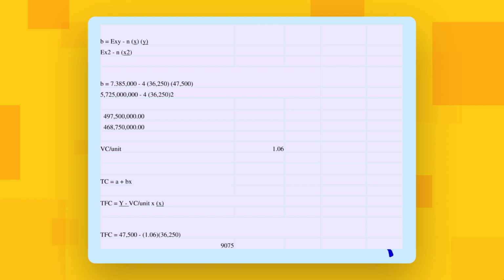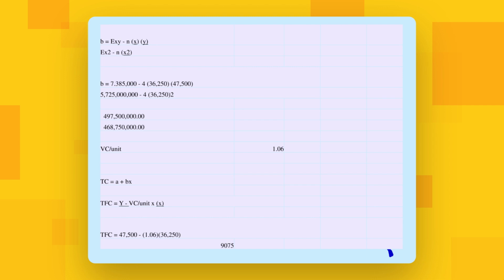If you divide it, class, it is 497,500 divided by 468,750, and your variable cost per unit here is 1.06. That's the formula for computing your variable cost per unit. Next one.